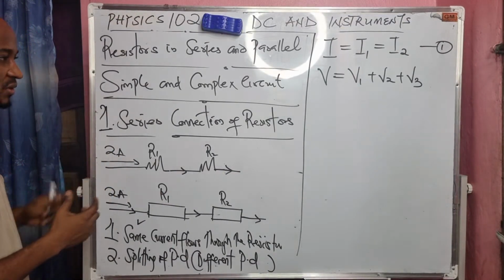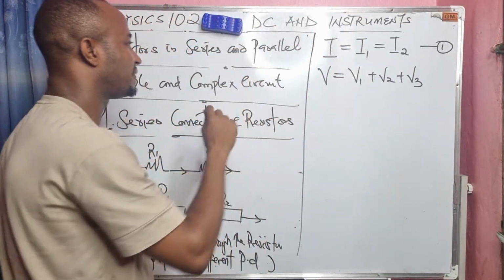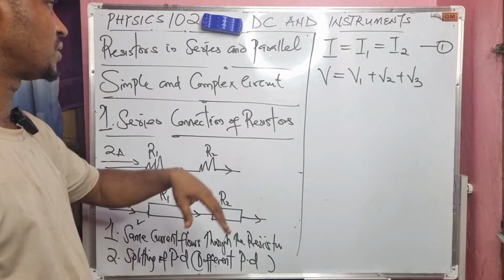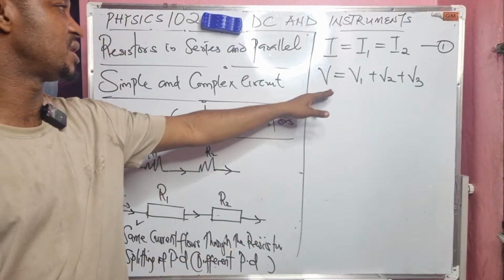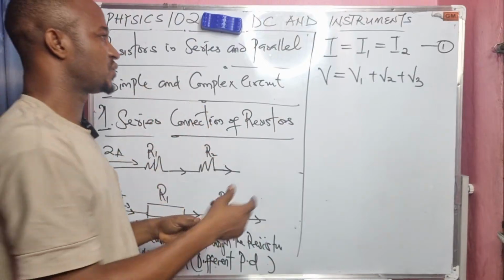So the current through a series connection of resistors is the same across each resistor, but the potential differences are not the same. So to get the total PD, we have to sum up.